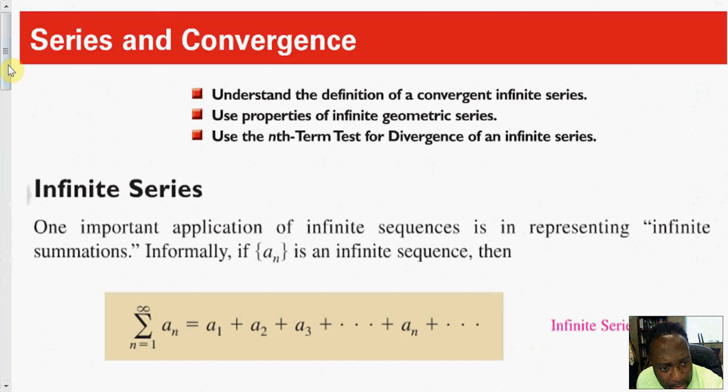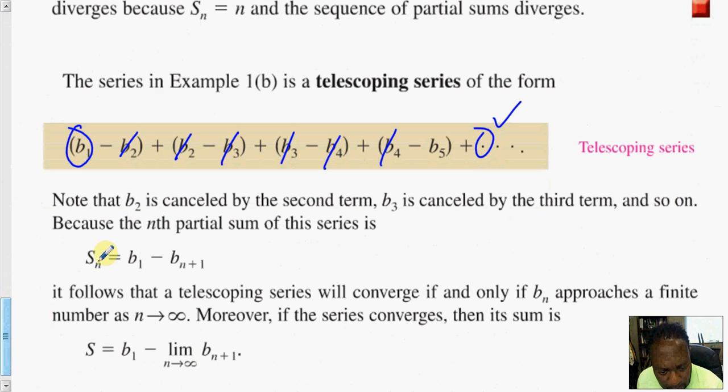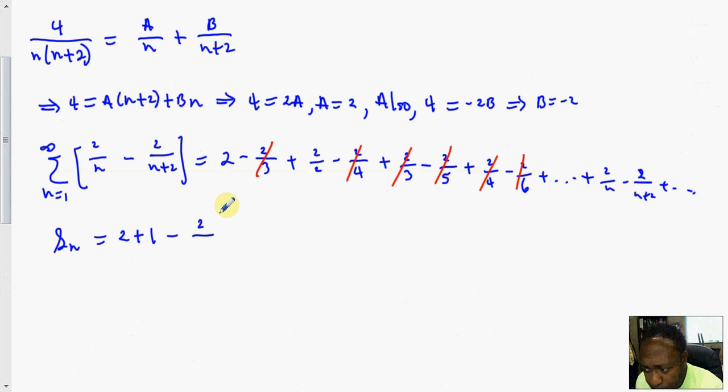Let's go back and I want to show you that. So this S of n is equal to b sub 1 minus b sub n plus 1. So this is this minus 2 over n plus 2. And if you want, you can even write this guy right here as the b sub n plus 1, and that's fine.